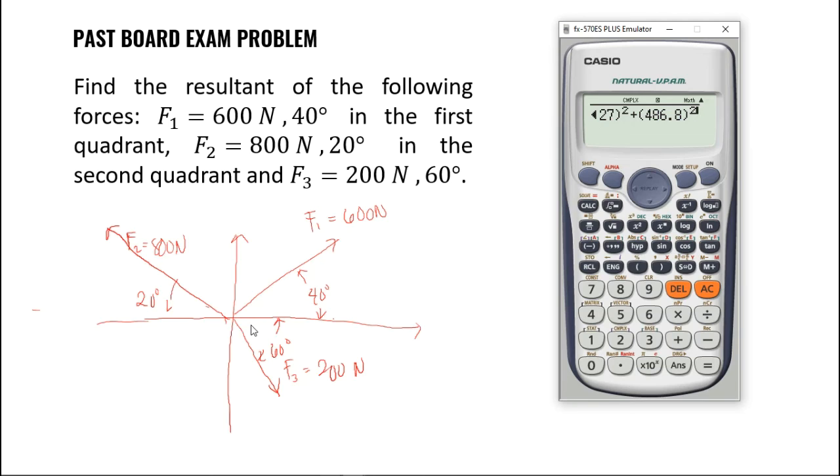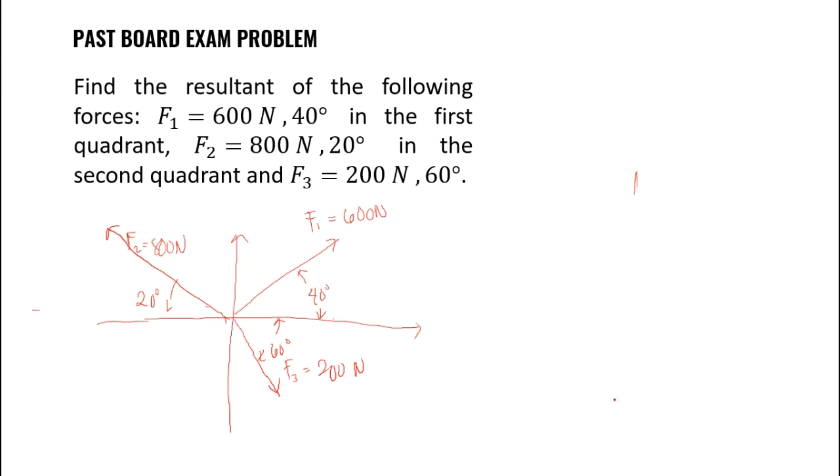Therefore, nasa second quadrant yung resultant force natin. Okay? Now, kunin natin yung angle using arctan. So, this is our resultant force. So, this is negative 192.127 and ating y component is 486.08. Now, kunin natin yung angle dito using tangent.